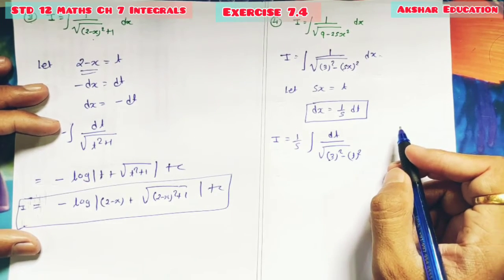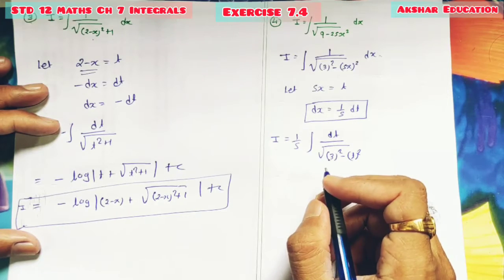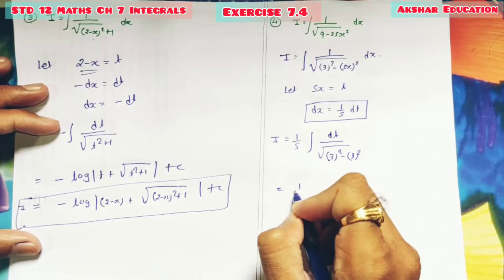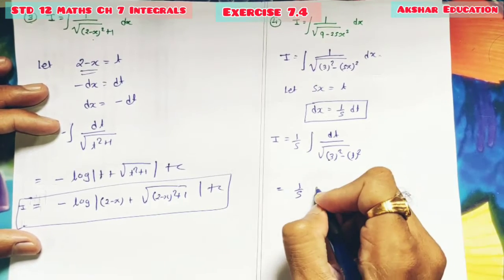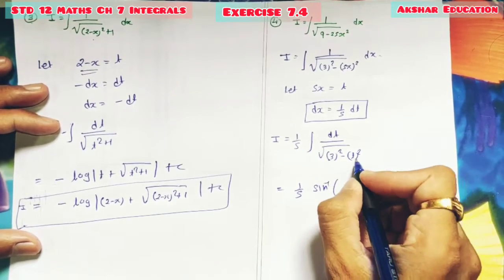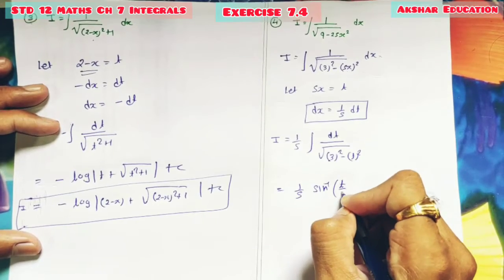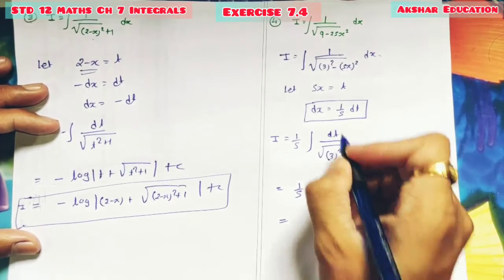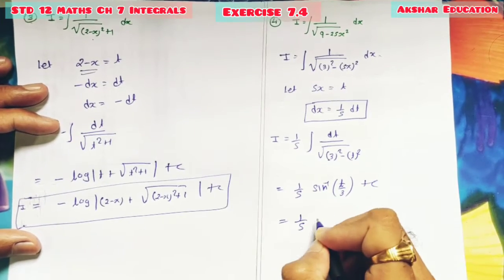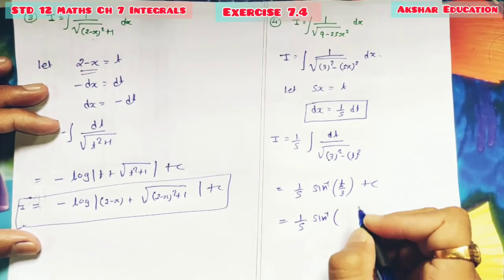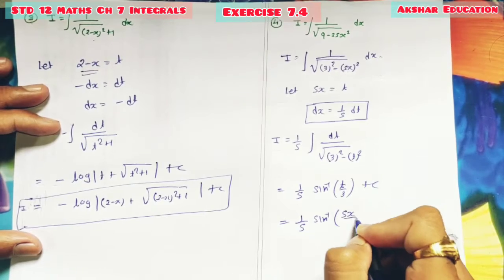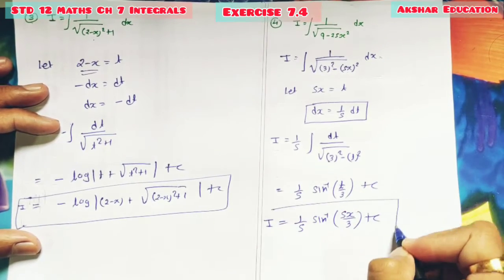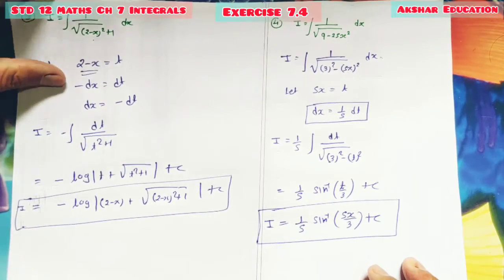The integration of 1 upon square root of a square minus x square is sine inverse x upon a. So this will be 1 upon 5 constant, sine inverse x upon a, where x is our t and a is 3, plus c. Now replace the value of t, which is 5x. So 1 upon 5 sine inverse 5x by 3 plus c. This is our required integration I.